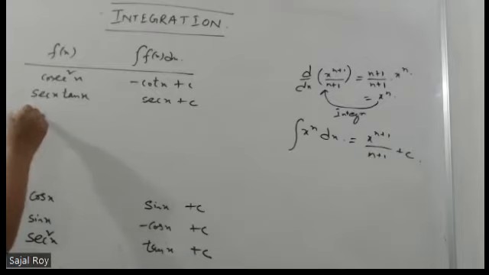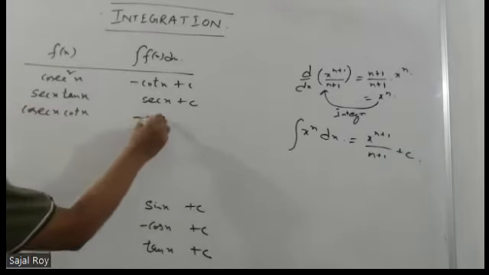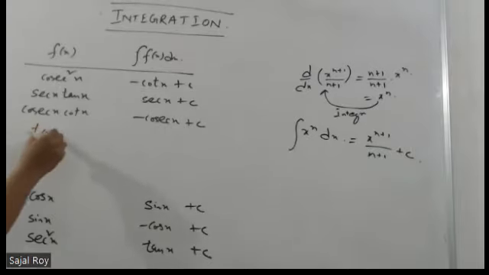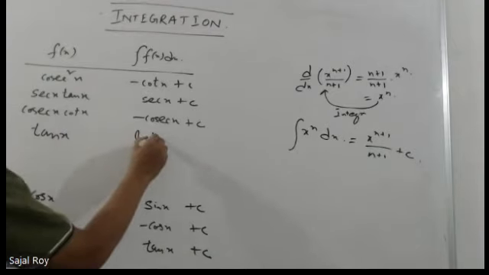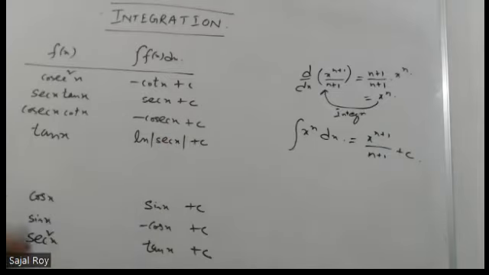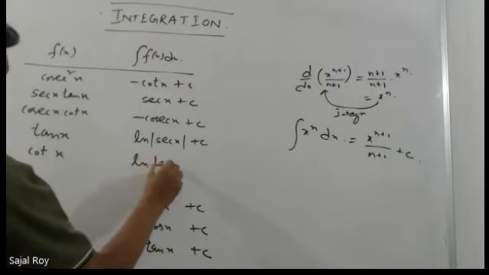Cosec x cot x, integration is minus cosec x plus c. Tan x, integration is ln mod sec x. Cot x, integration is ln mod sin x.